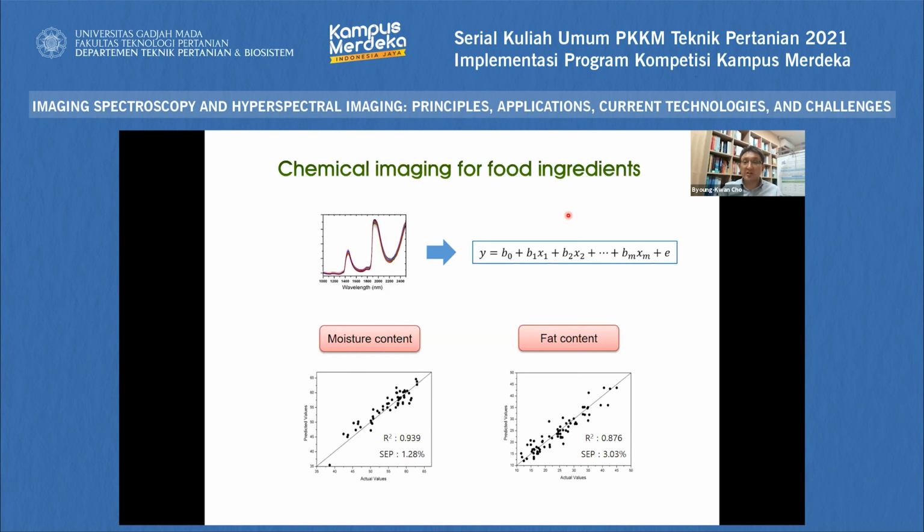This is a linear combination, right? A linear equation. Using this linear equation, we can predict our target values, in this case moisture and fat. Using the spectral signal, we can predict moisture content and fat content like this one.